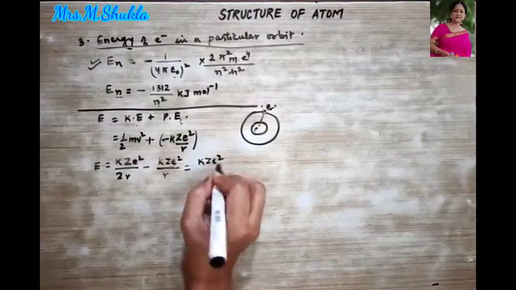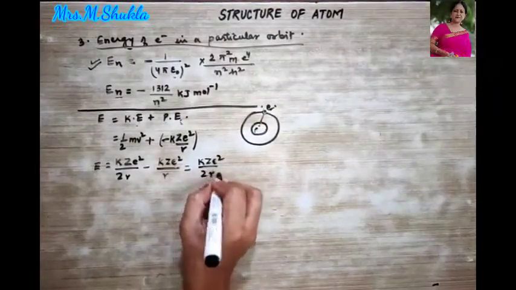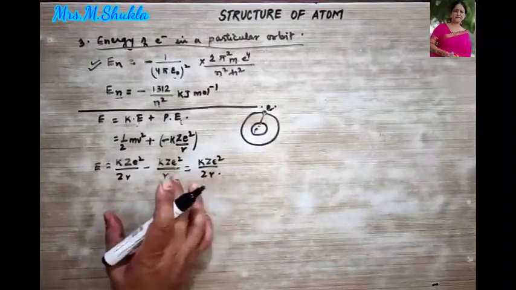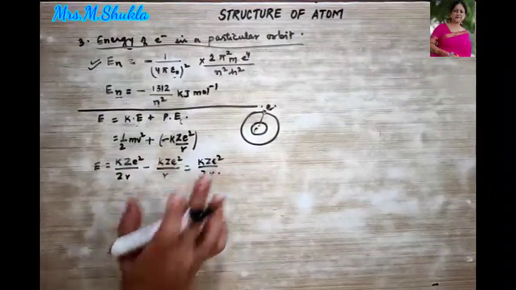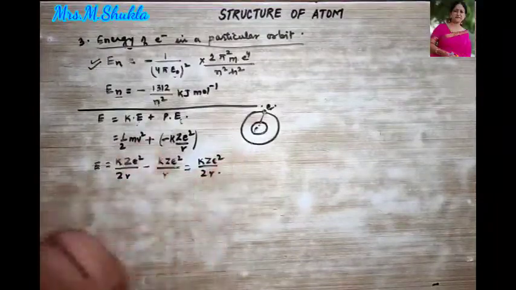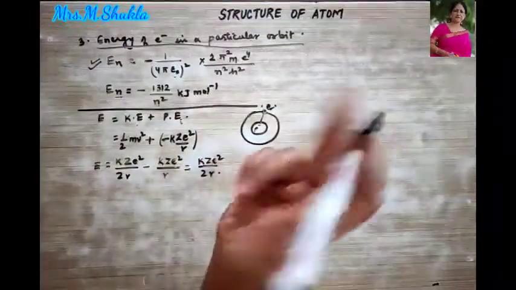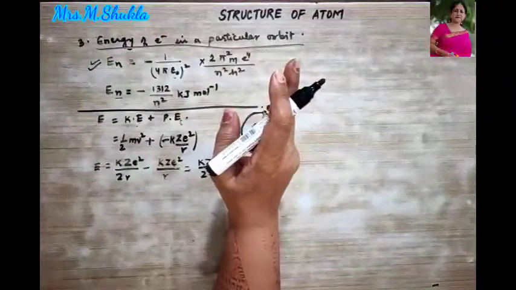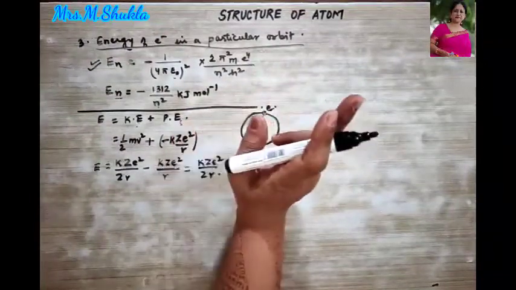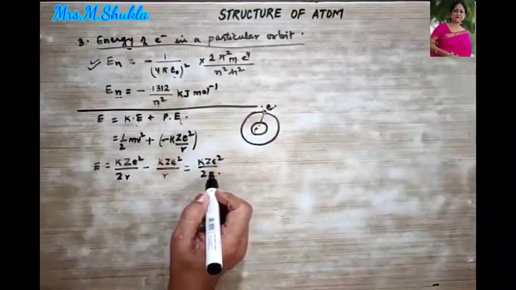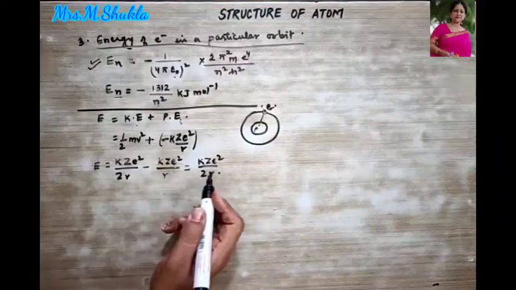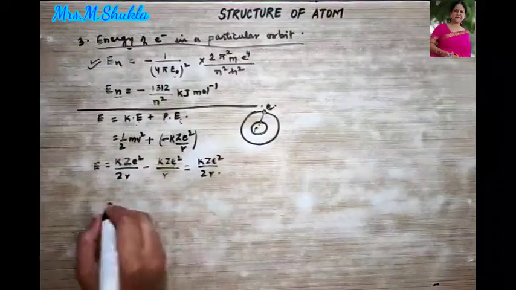K Z E square upon 2R. Okay? What have I done over here? I have put the value of mv square from equation 1, which I wrote for the calculation of the radius, if you check that.